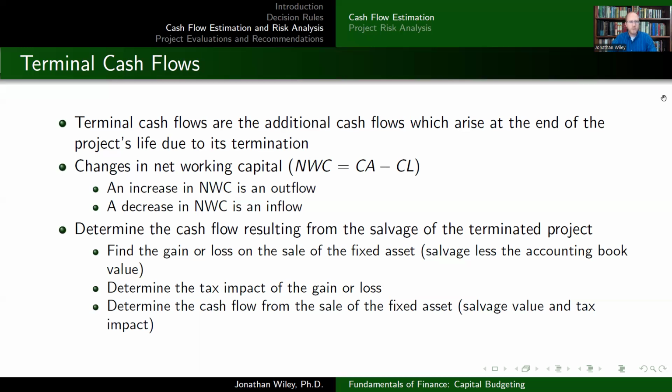As a side note that's related to this, it's possible for a capital budgeting project to have an operating loss in a given year. If it has a pre-tax operating loss in a given year, it's possible to show a positive tax impact on those annual operating cash flows as well for the same reason.